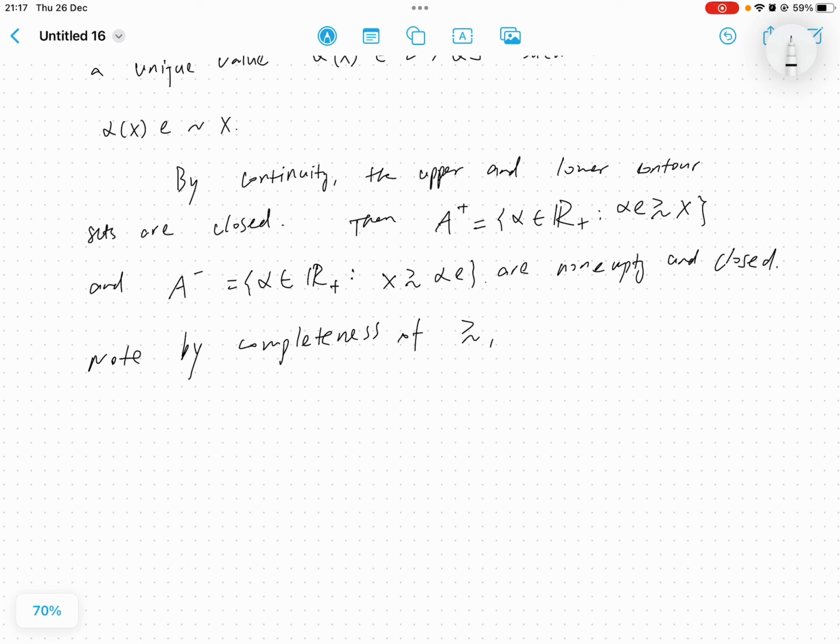In this case, R plus has to be a subset of A plus union with A minus, right?